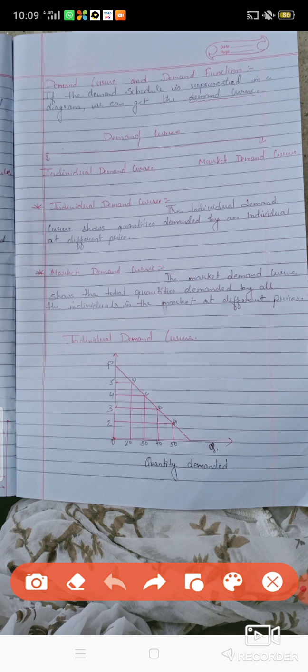With this individual demand curve I will show you. It shows that when the price was 5, the quantity demanded by the individual was 20 kg.